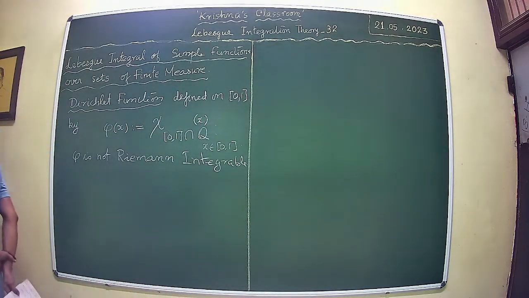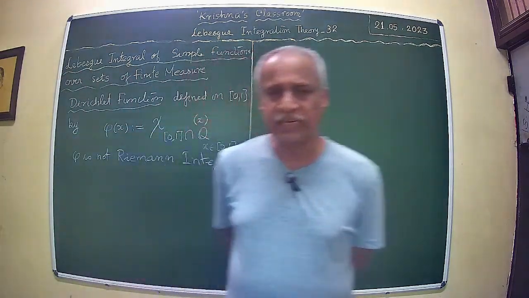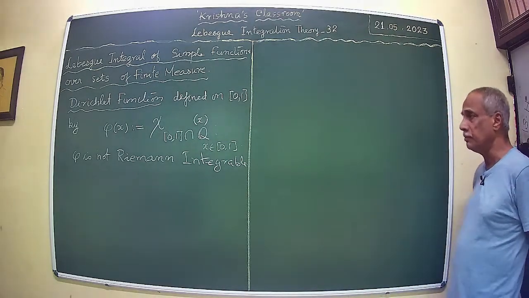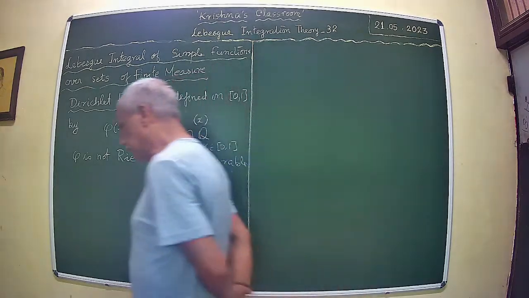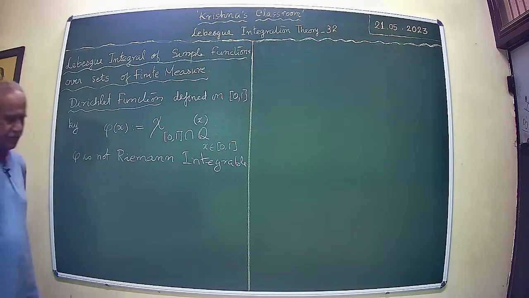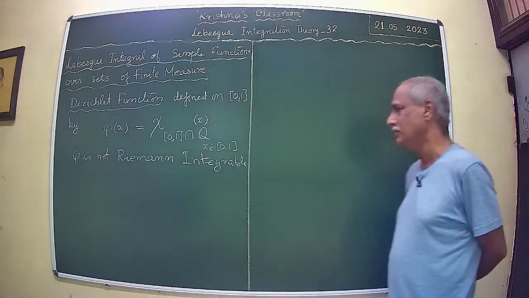So at rational points the function attains its supremum, namely 1, and at irrational points it attains the infimum value 0. In fact, it takes only the values 0 and 1.